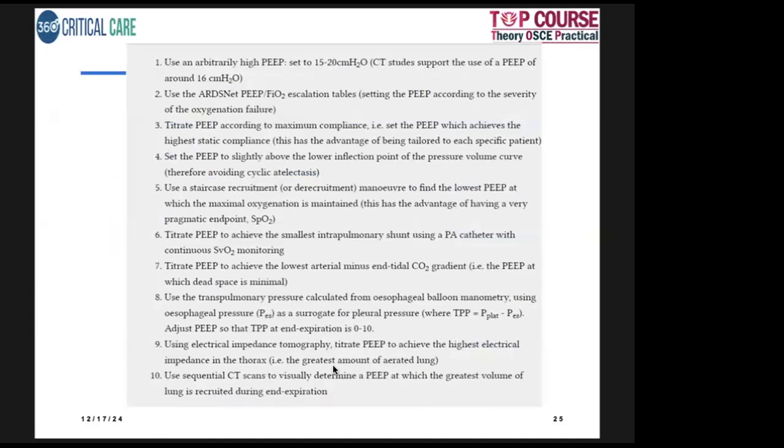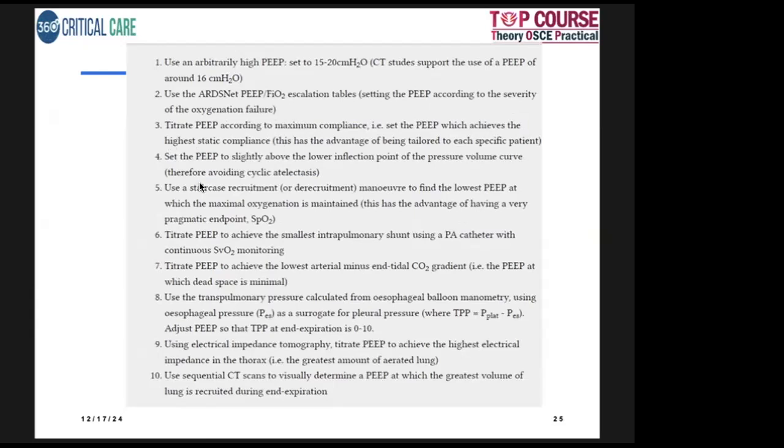So, what are all the methods available to titrate the PEEP? Number one, you can arbitrarily use a high PEEP set to 15 to 20 centimeters of water. Or you can use ARDSnet PEEP/FiO2 escalation tables. Then you can titrate the PEEP according to maximum compliance, meaning set the PEEP which achieves the highest static compliance.